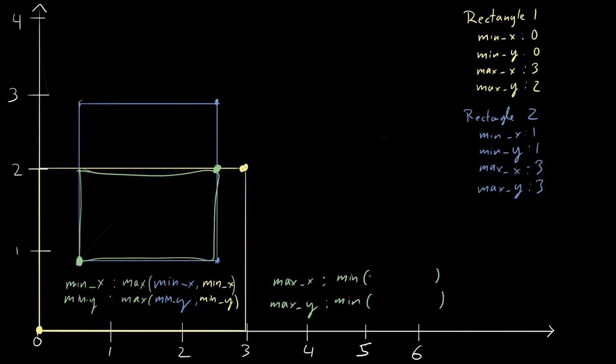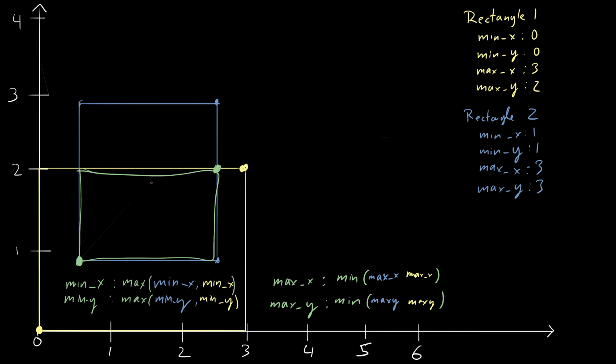So here it's max x, max y, max x, max y, right? So there you have it. That's how you can get the corners of your new rectangle, the rectangle that is a subrectangle of both of them.